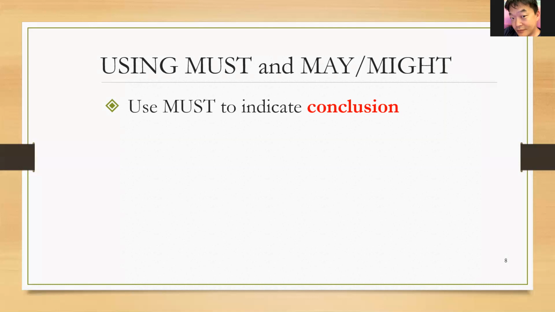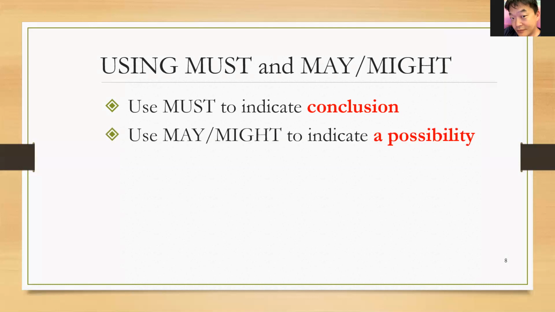Now, may and might you use to indicate a possibility. You can use either one, they have the same meaning, but the important thing is you use them to indicate a possibility when you are not 100% sure.